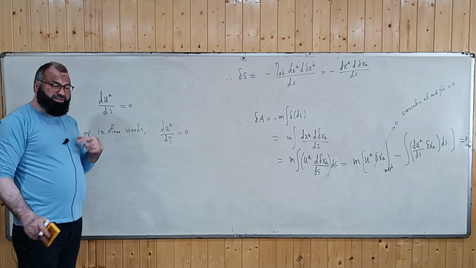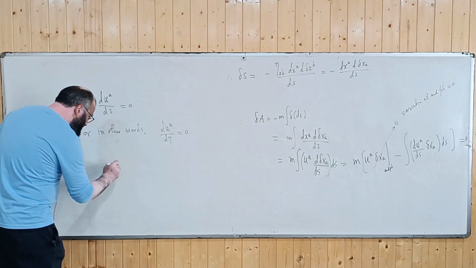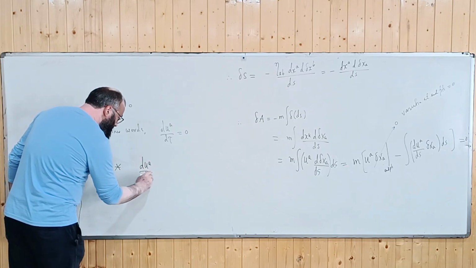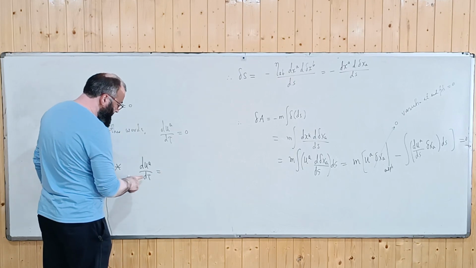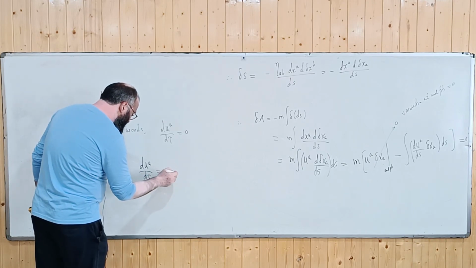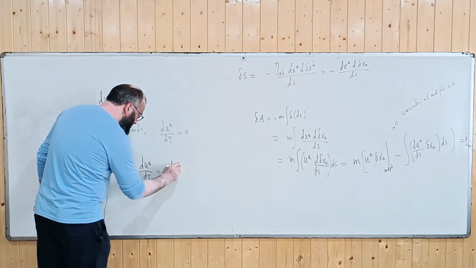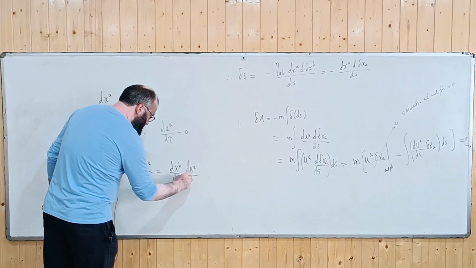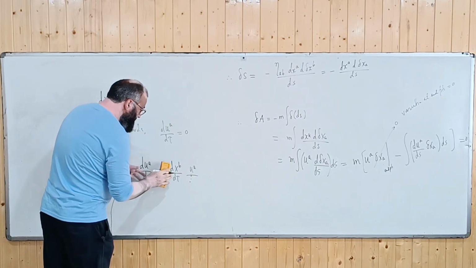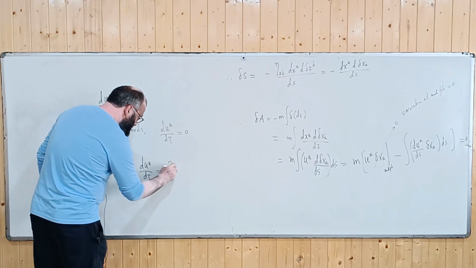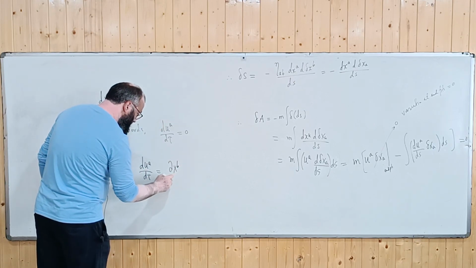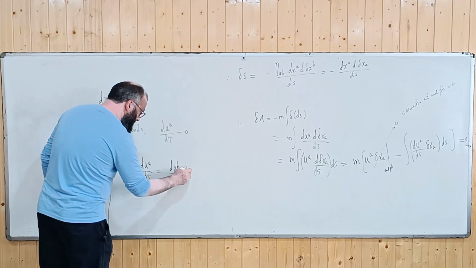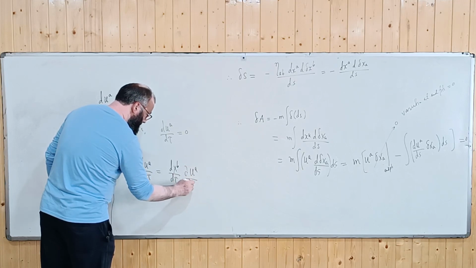So for that, let me write this du by d tau in terms of the coordinates. I can write it as dx^b by d tau times partial u^a by partial x^b.